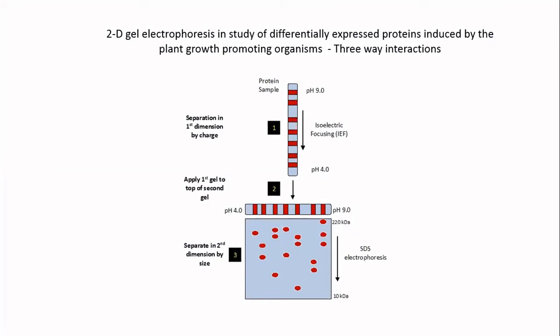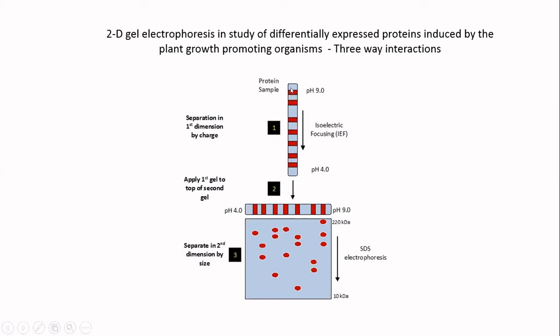In two-dimensional gel electrophoresis there is again an advancement, DIGE, differential gel electrophoresis, where you could use three samples in a gel compared to 2D gel electrophoresis. The first step is to prepare the samples, protein extracts.